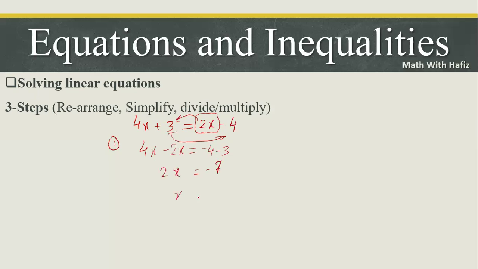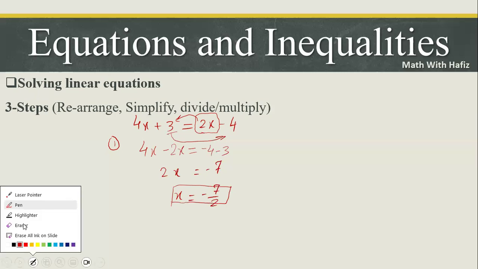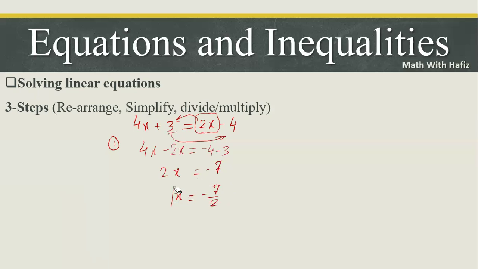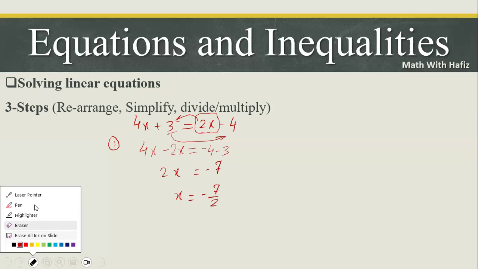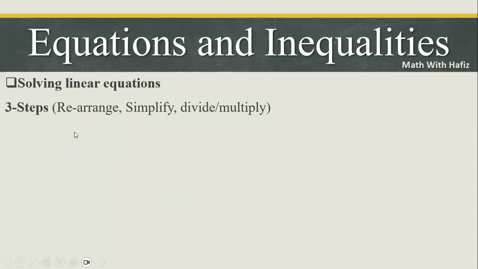So x will be equal to -7/2. Again, if you want to verify, you can verify it. I think it is clear and easy. There is nothing to spend much time on in this chapter.